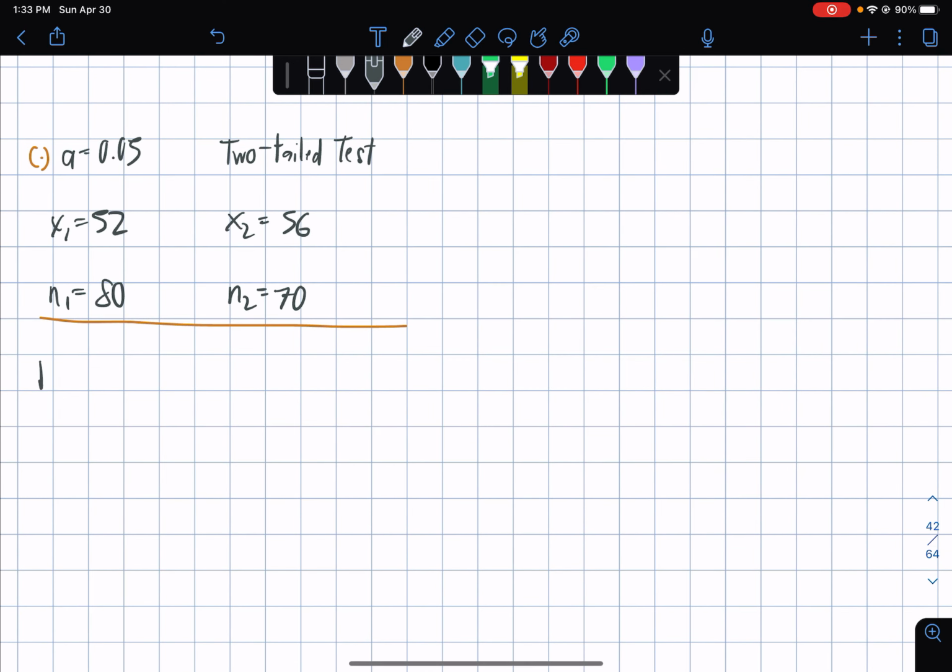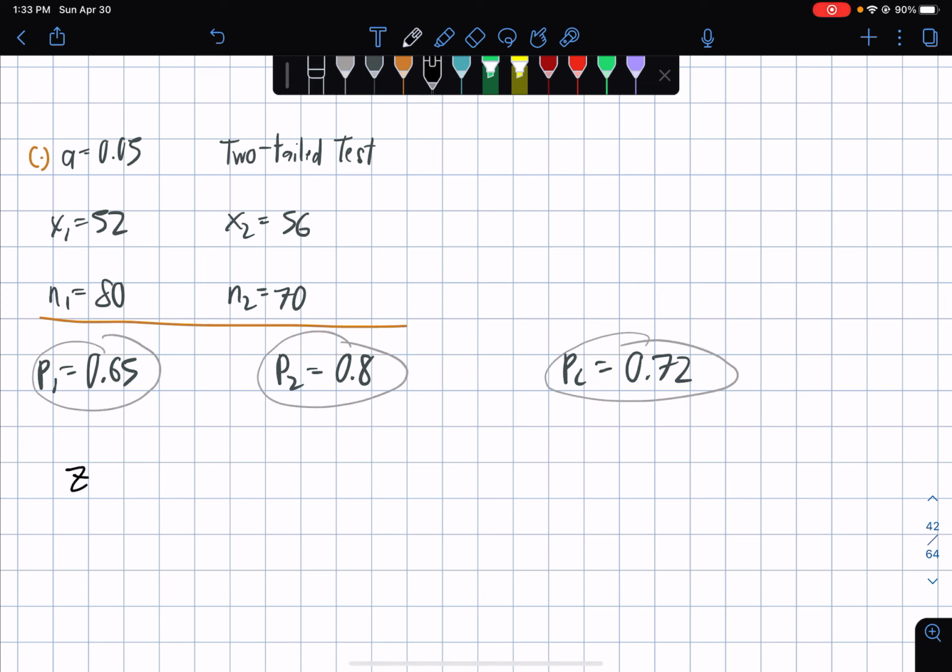Given, we have to look for P1. P1 is 52 over 80, x1 over n1, that is 0.65. For P2, that's equal to 56 over 70, that is 0.8. For PC, x1 plus x2 over n1 plus n2, we have 0.72.